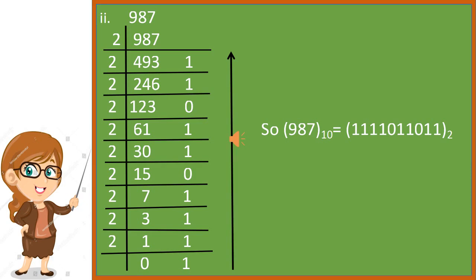Again dividing 1 by 2, quotient is 0, remainder is 1. Now writing the remainders in reverse order, we will get 1111011011. So the value of 987 to the base 10 in decimal is equivalent to 1111011011 in binary.